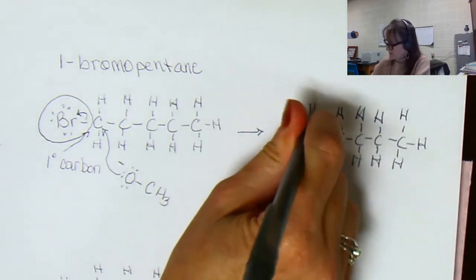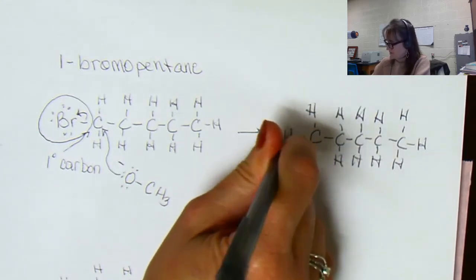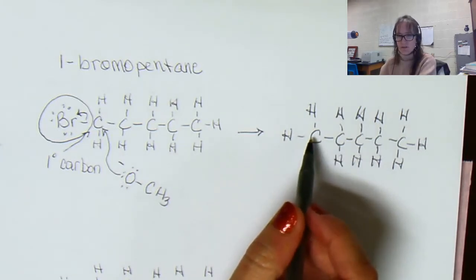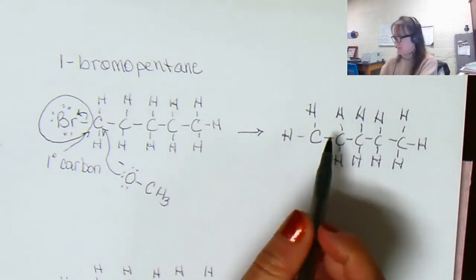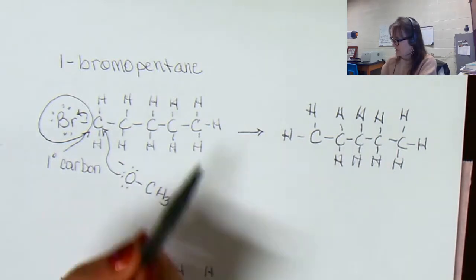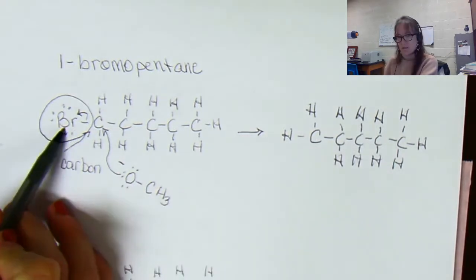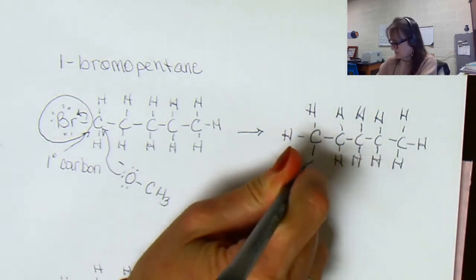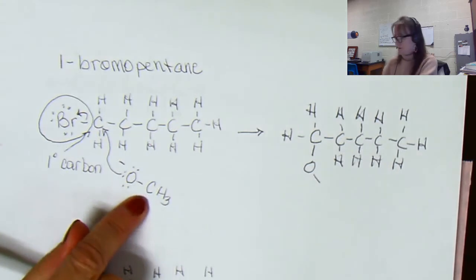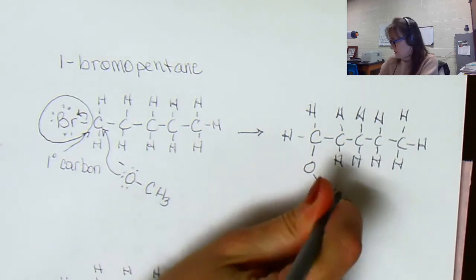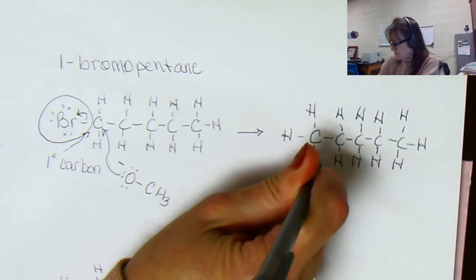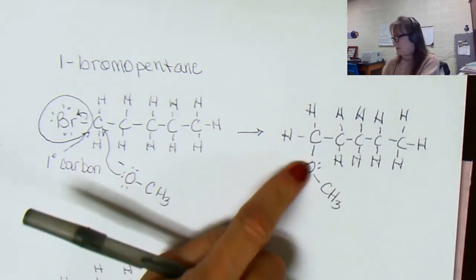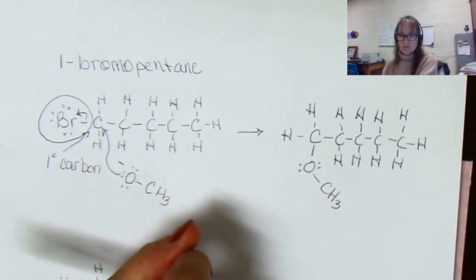The end carbon still has 2 hydrogens, and it doesn't matter how you draw them because it doesn't have any kind of stereochemistry that would make it be R or S. And so this end carbon now, the bromine is gone and it's bonded to an oxygen. So you draw a bond to an oxygen, and then the oxygen is also bonded to a CH3. So whatever the nucleophile is, if it bonds, all of the nucleophile is still present, just one of the pairs of electrons is now a bond.